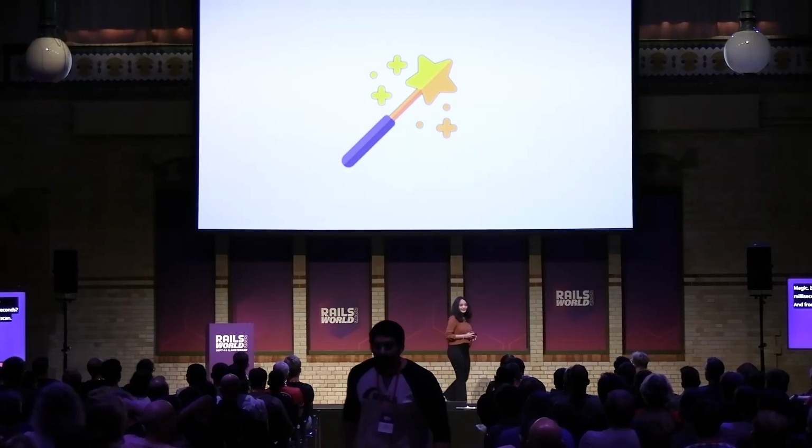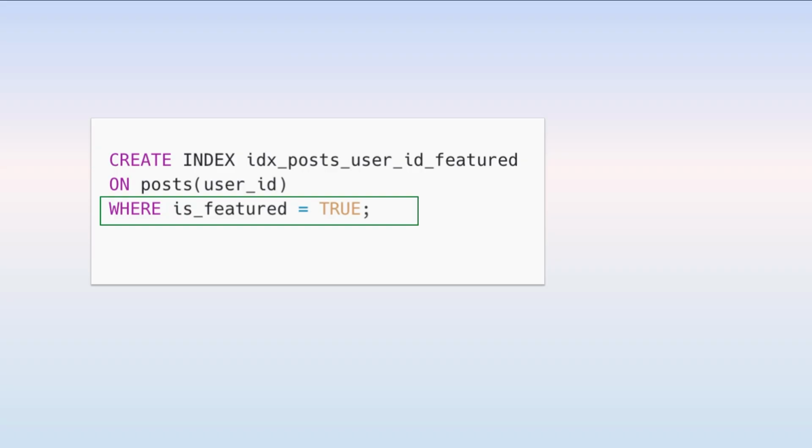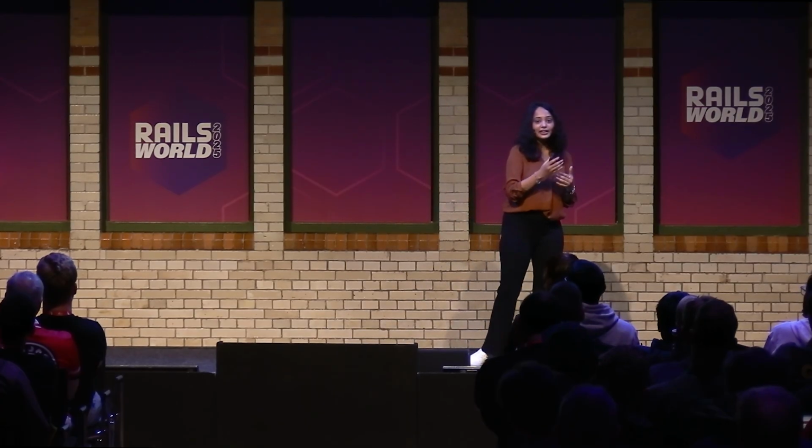There's no magic in this, because we were using this index. This is the partial index that we were using. But your indexes will help only if the query includes the index conditions. If you neglect these kinds of points, you will always see high execution times.